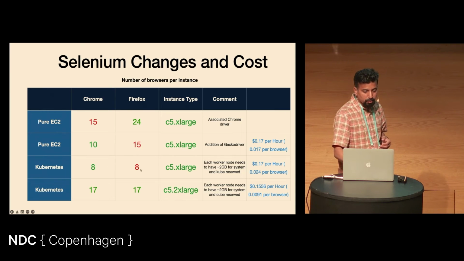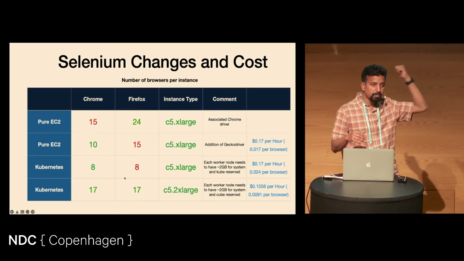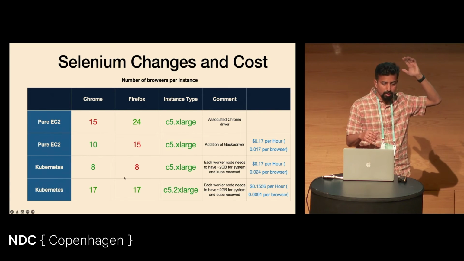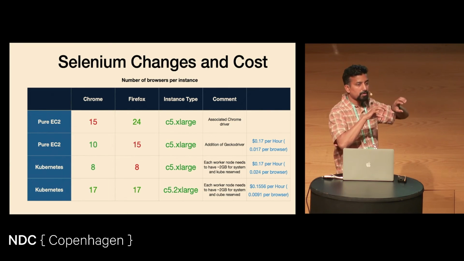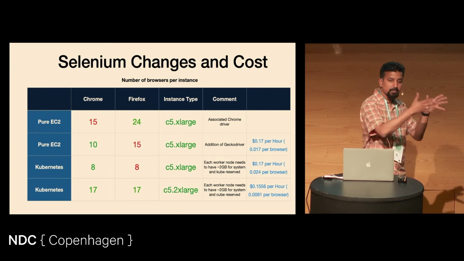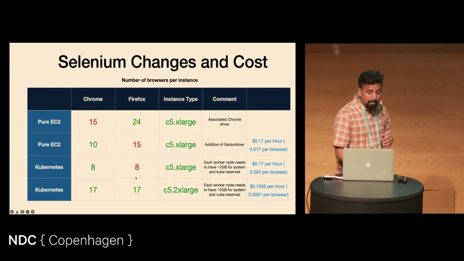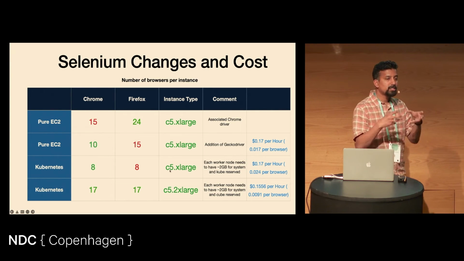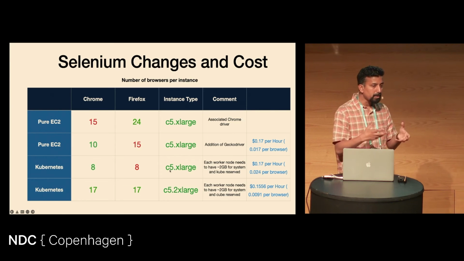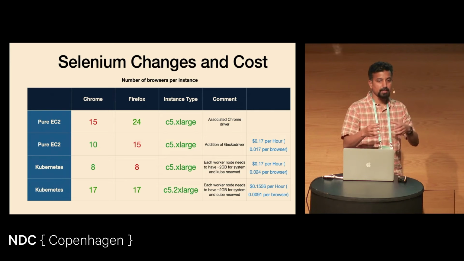Now that I've moved to Kubernetes, I can only run 8, because every worker node, as you saw in the previous decks, has its own default processes running, so you need to allocate some CPU and memory to it as well. But still, it's much cheaper than running on EC2, mainly because you can allocate CPU and memory at megabyte and millisecond level.